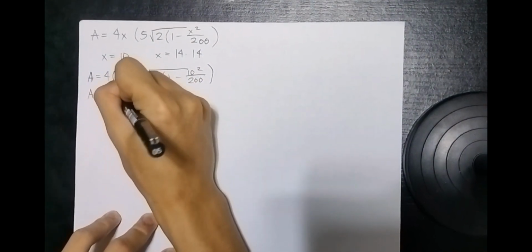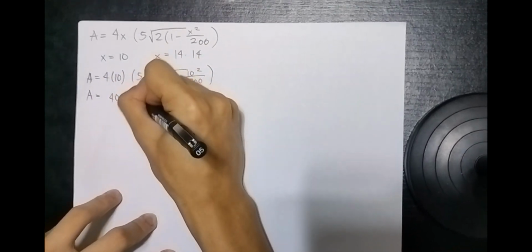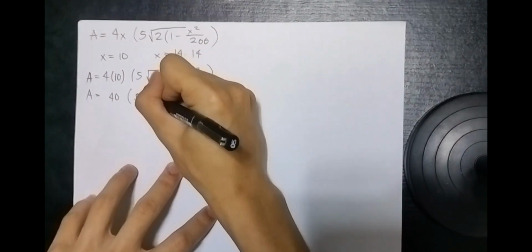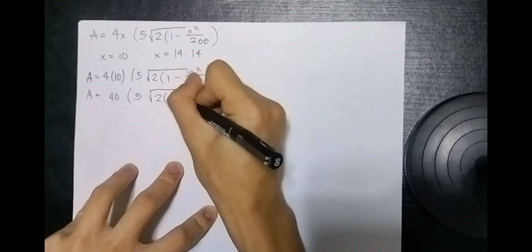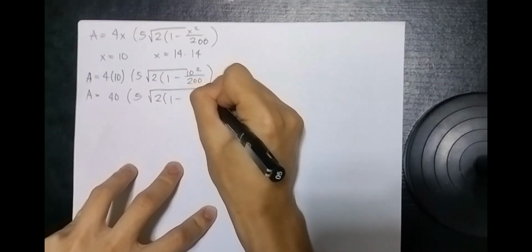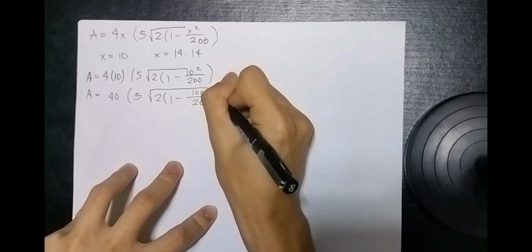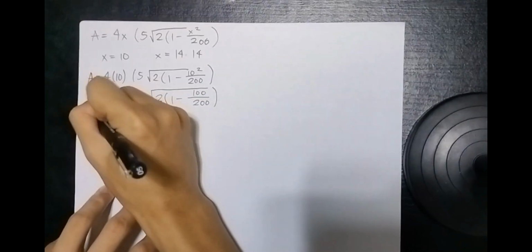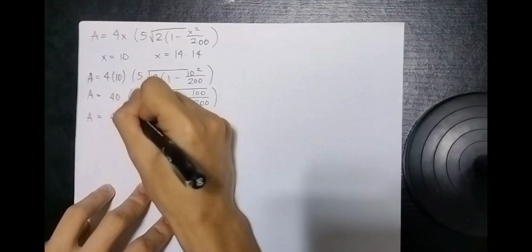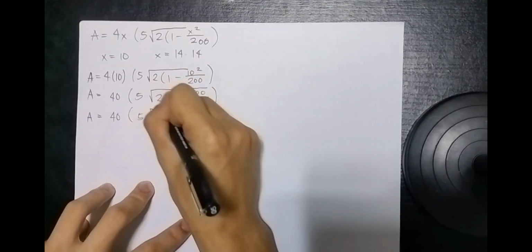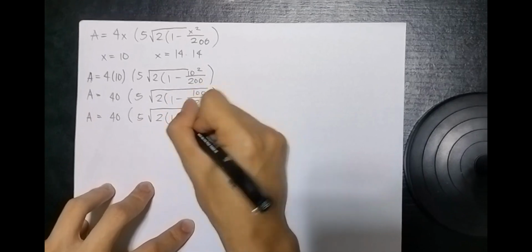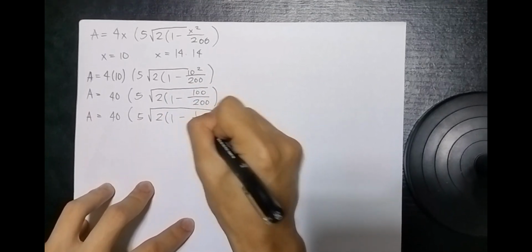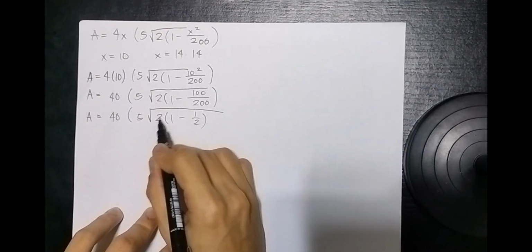It will be A is equal to 40, 5 square root of 2, 1 minus 100 over 200. This is just 1 half, so 2 multiplied by 1 minus 1 half. Distribute 2.